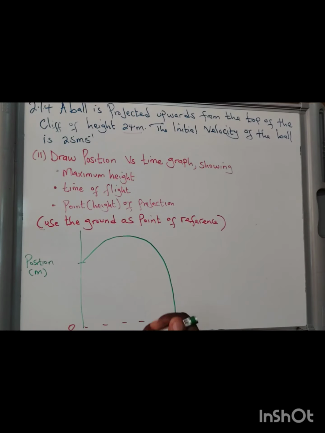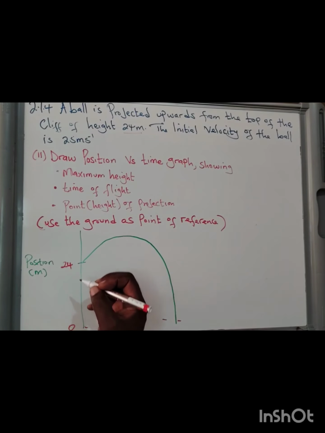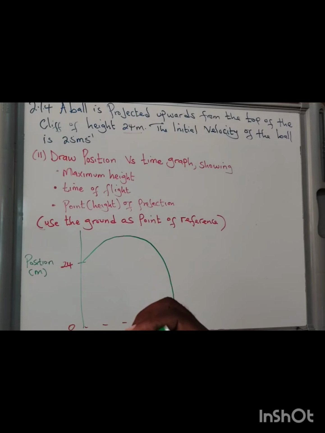So if this is 0, it means that what we have here is 24, and it is positive, because any number above 0, according to Cartesian planes, is positive.